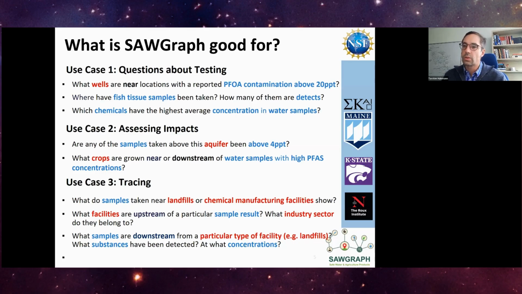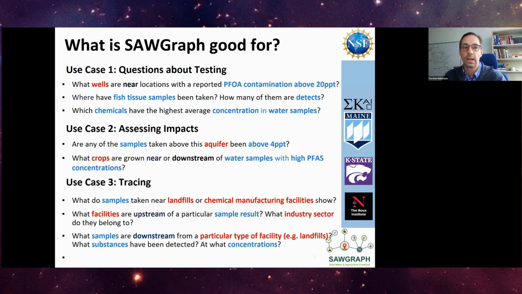The second use case is about assessing the impacts, like understanding where there's a higher prevalence of PFAS, who might be most impacted, so that we can direct resources for remediation and mitigation to where it is needed the most. The third use case involves tracing PFAS, like helping understand where PFAS might have come from, so that we can look in other places where there are similar facilities, for example.